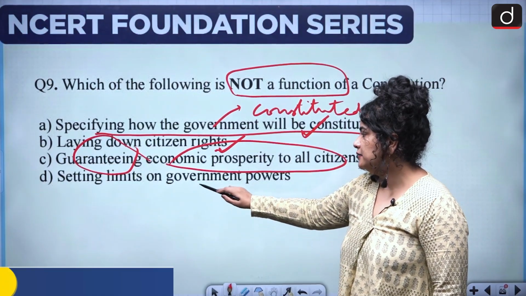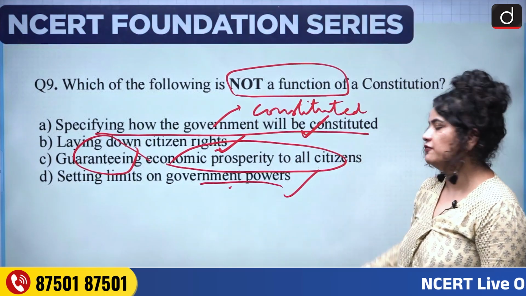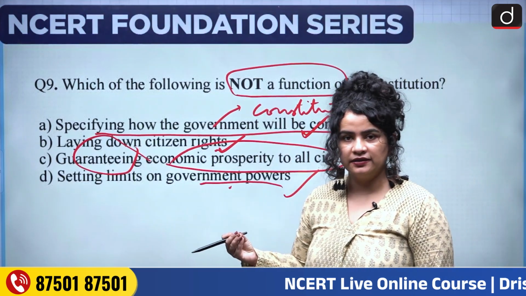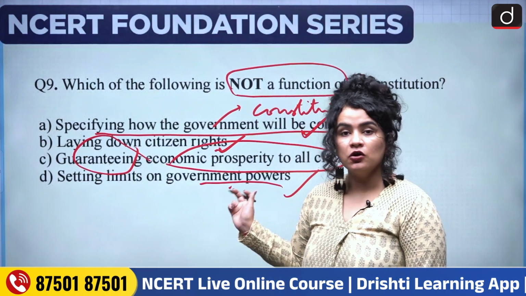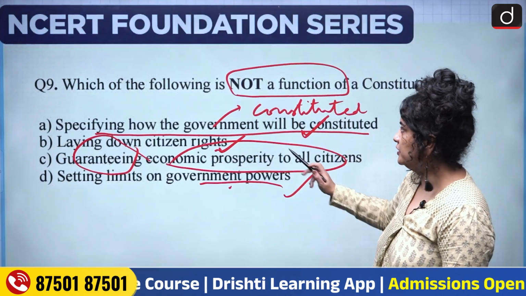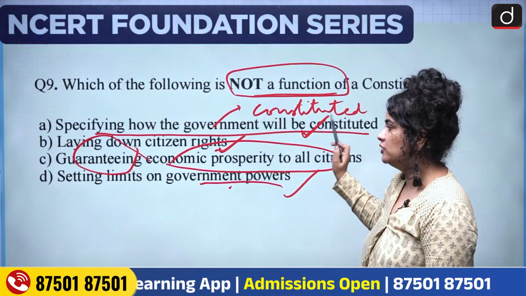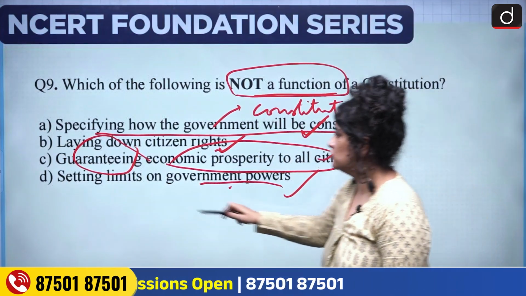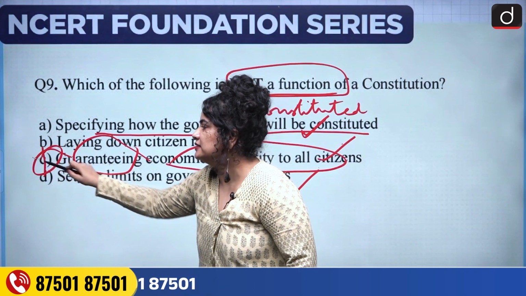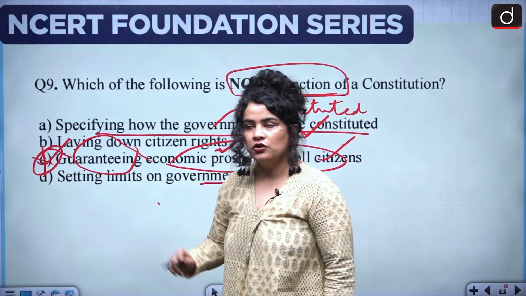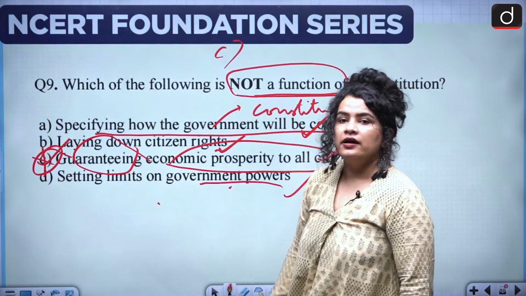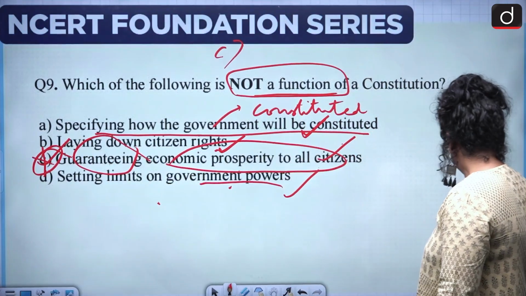And D is setting limit on government powers. Again, a very fundamental, very basic explanation for the need of a constitution. So from here, we are talking about which of them is not a function. C is your correct answer because this is not a function of the Constitution. Hence, answer is option number C.